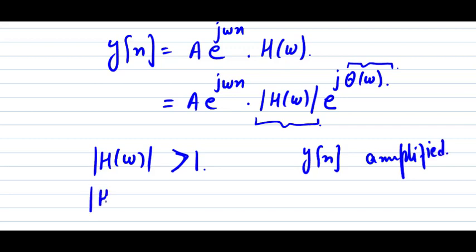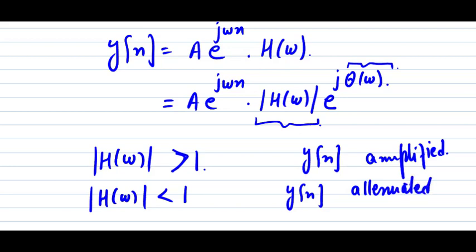And if the magnitude of H of omega is less than 1, y of n will be an attenuated version of our input signal. So basically this is the role of the magnitude of the frequency response of the system.